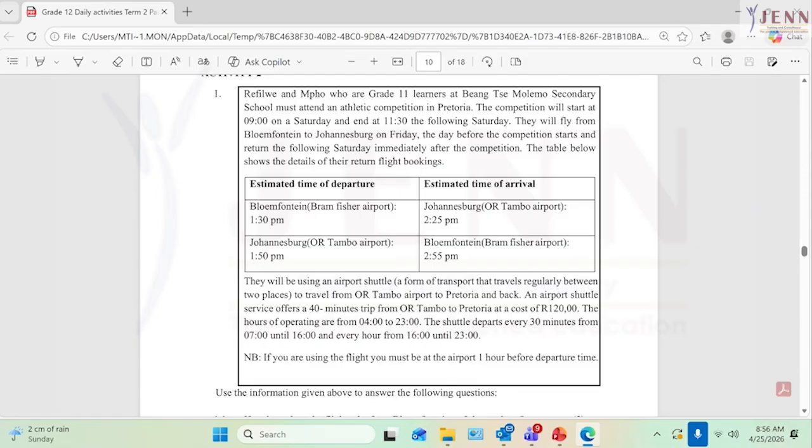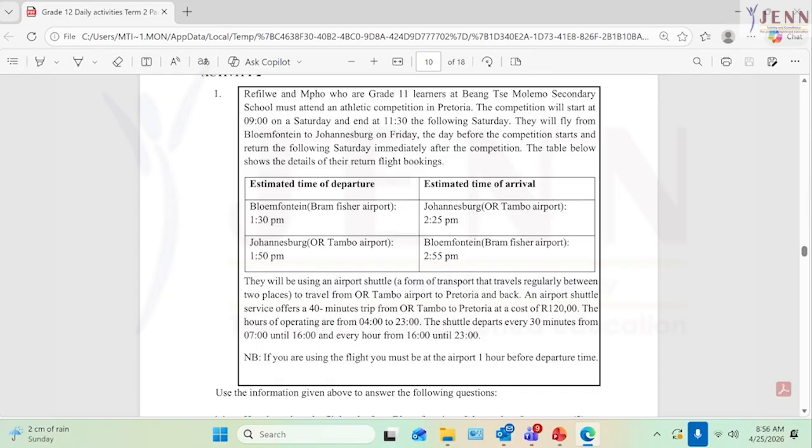Let me start from the shuttle. An airport shuttle offers a 40-minute trip from OR Tambo to Pretoria at a cost of 120 Rand. The hours of operating are from 4 in the morning to 23 hours, which is 11 in the evening.